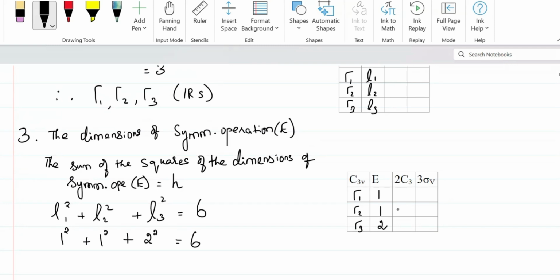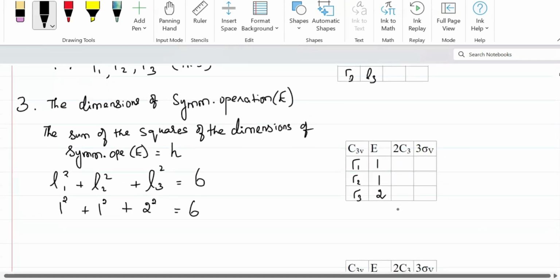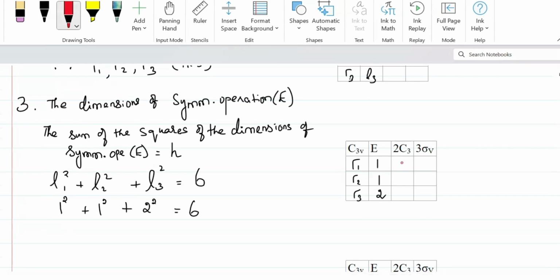So this is the third step. The next step, we are going to evaluate the other characters of the irreducible representations. For which, let us consider here A1, B1, A2, B2, A3, B3.